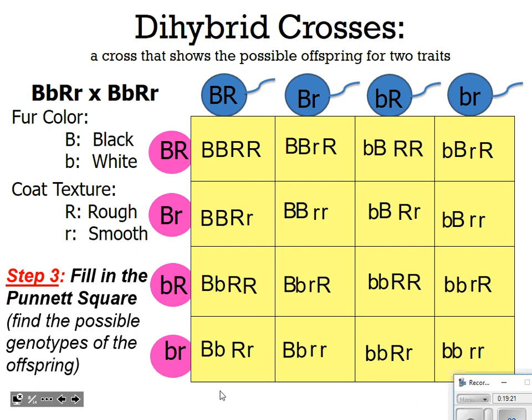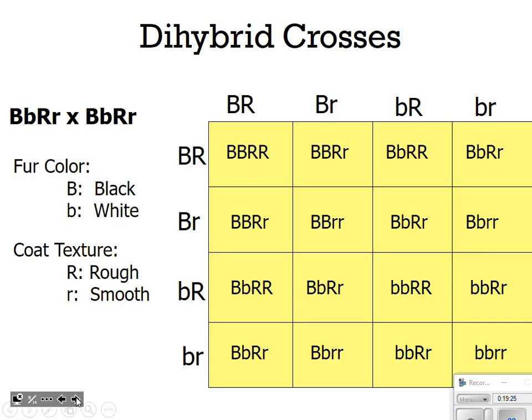Okay, so we've got our cross. We've made our Punnett square, correct? Here's our cross. And remember what each thing means. Capital B means black coat, which is dominant. Lowercase b means white, which is recessive.